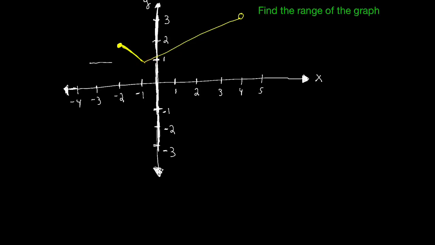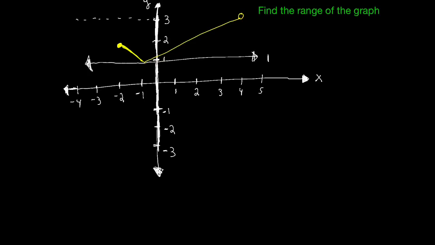So we can cut through this with a solid line. My lower bound is going to be at 1. And now, if I keep going up, we see that the upper bound is going to be at positive 3 at this open circle.